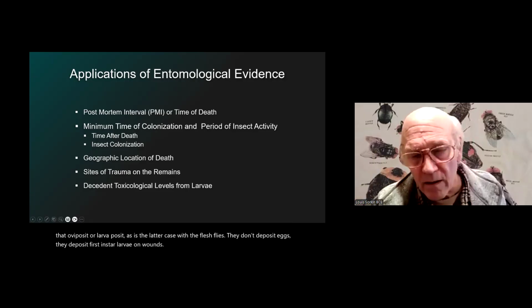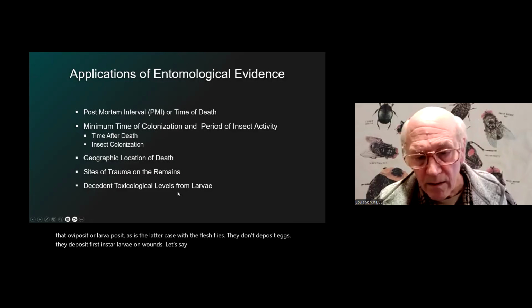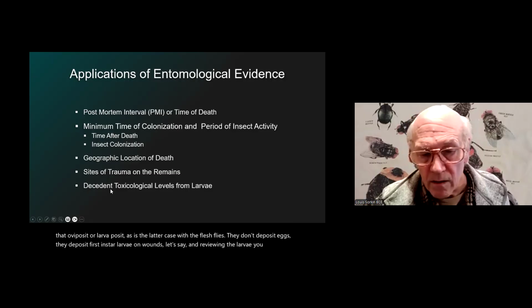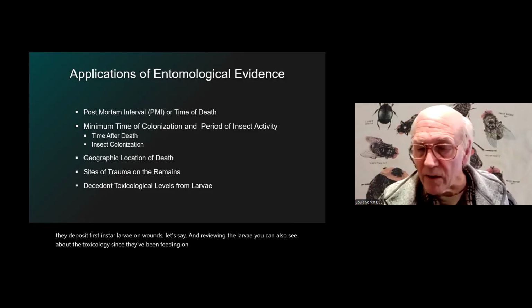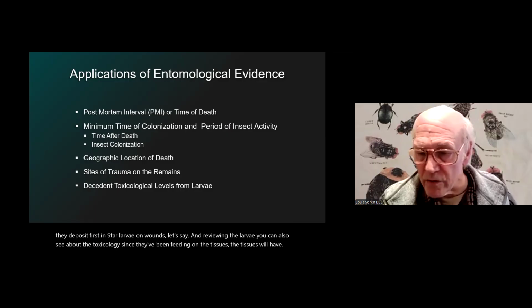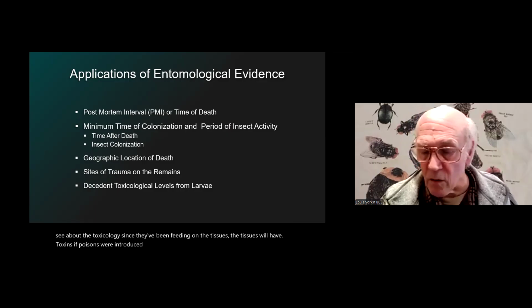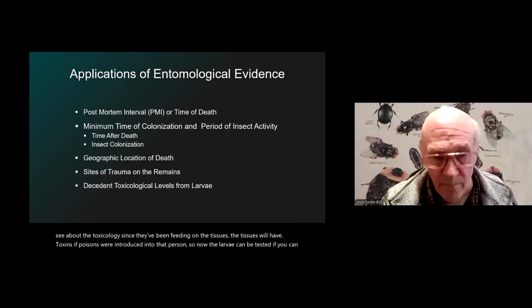And reviewing the larvae, you can also see about the toxicology. Since they've been feeding on the tissues, they will have toxins if poisons were introduced into that person. So now the larvae can be tested if you can do that in your lab.